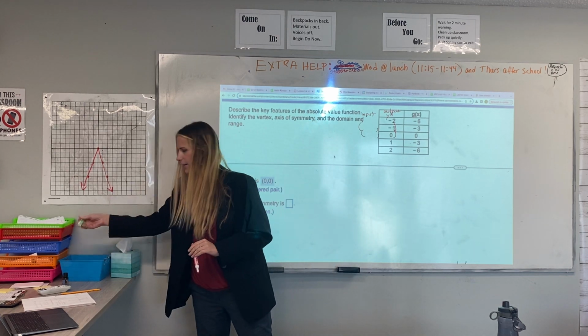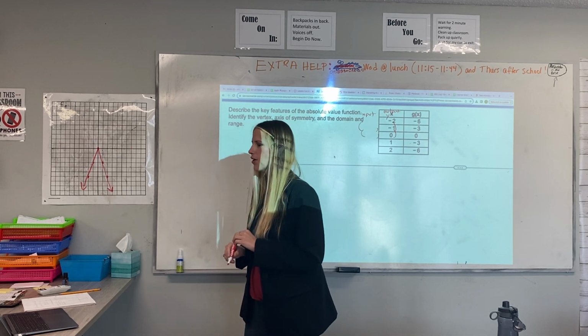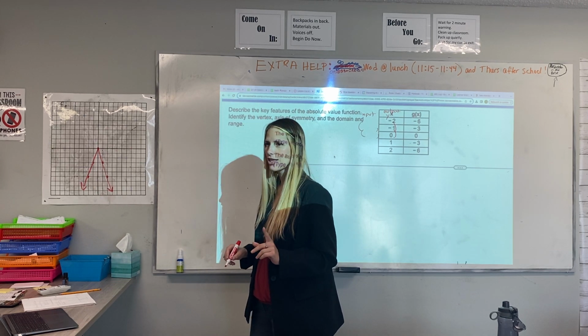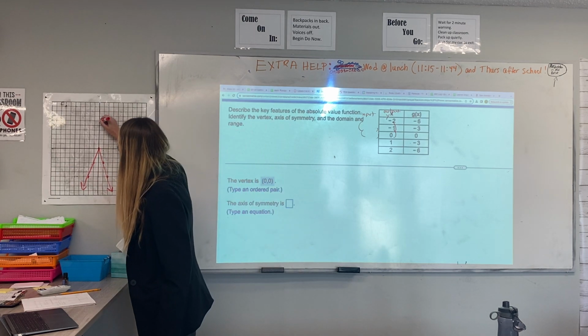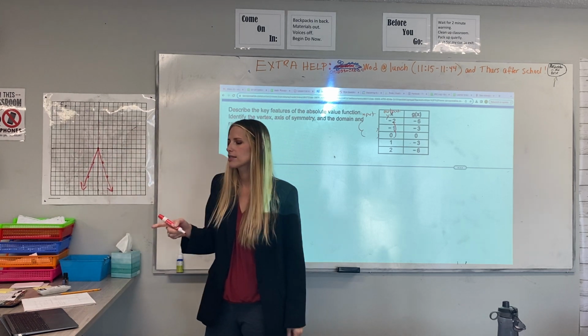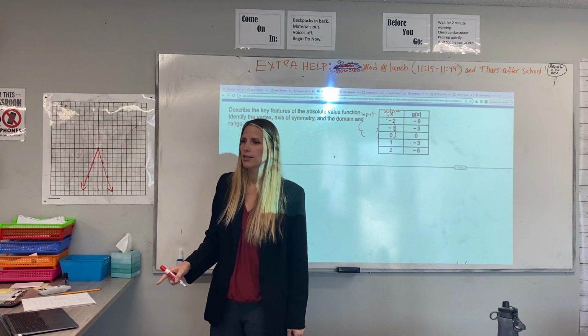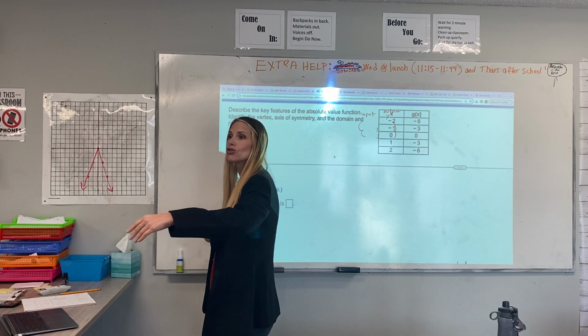Genius over there. Here's a lolly for you. Good catch. He didn't just say the y-axis, which is true. The y-axis is our axis of symmetry. But he saw that the question asks for an equation. So we can't just say the axis of symmetry is the y-axis, even though it's true.